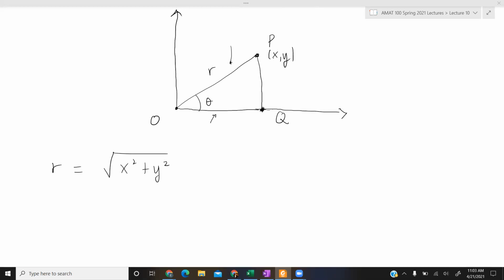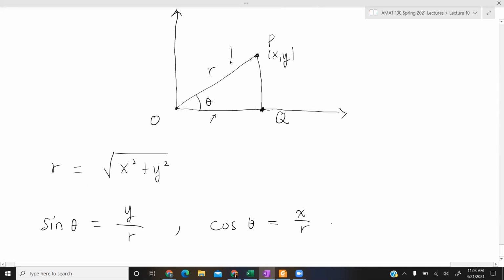And the idea is that we define the trig functions as the following ratios. I won't write them all, because you can go into the book and look at the definition of the reciprocal trig functions. But the idea is that we define the sine of theta, or the cosine of theta, as a ratio, for example the y coordinate divided by r.